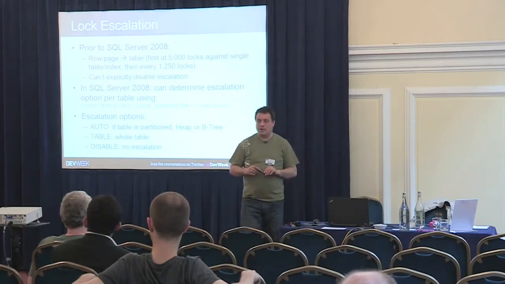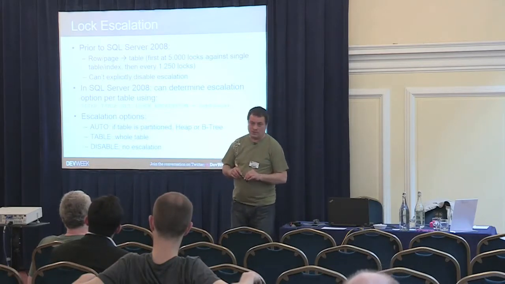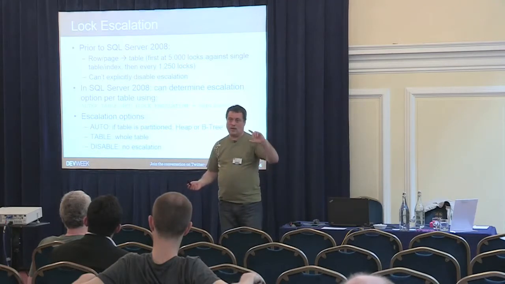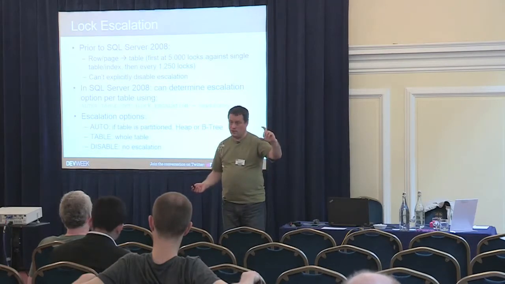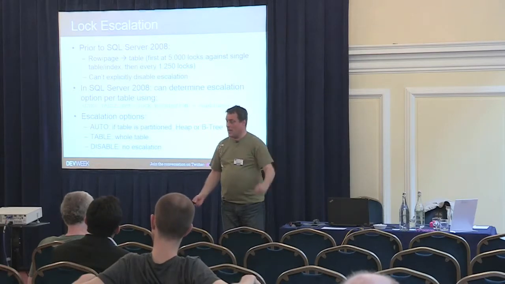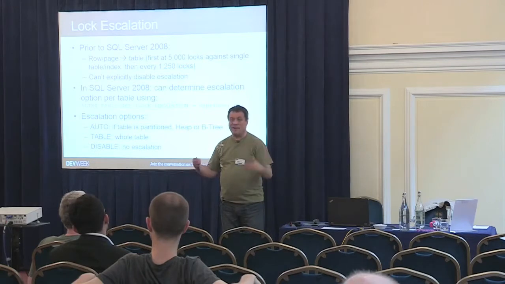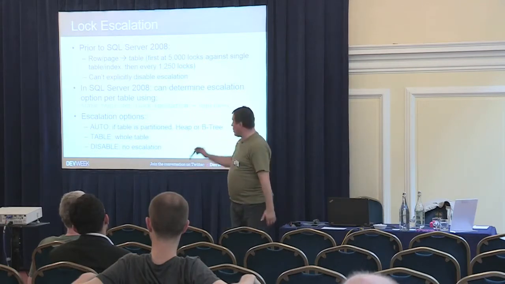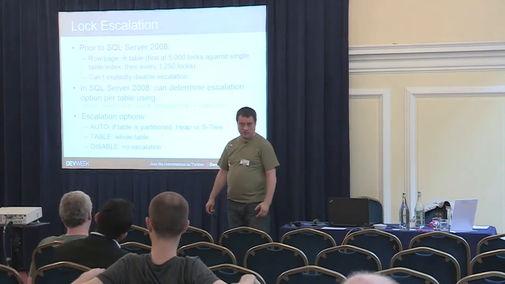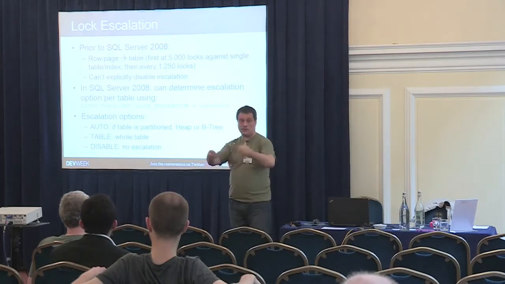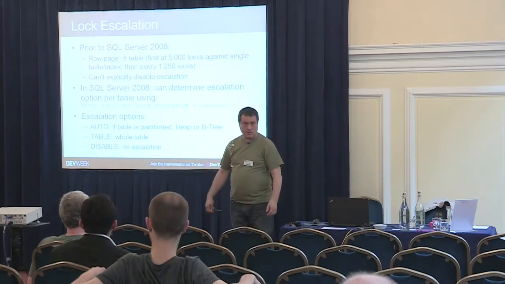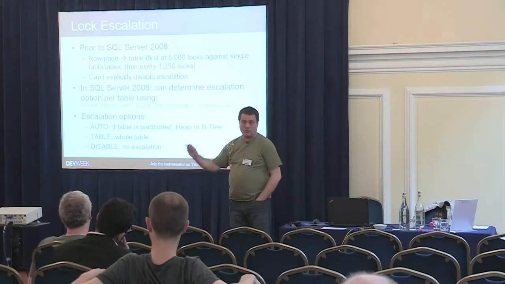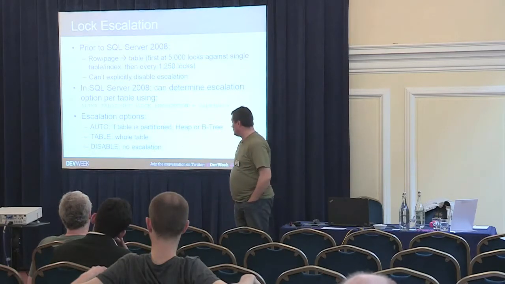Now, the other option to prevent lock escalation is to request page locks, because you have multiple rows on a page. So you lock the whole page, and you have fewer locks. Still, lock escalation can happen, right? If you are locking more than 5,000 pages, then SQL Server will escalate locks, again to table or partition level.